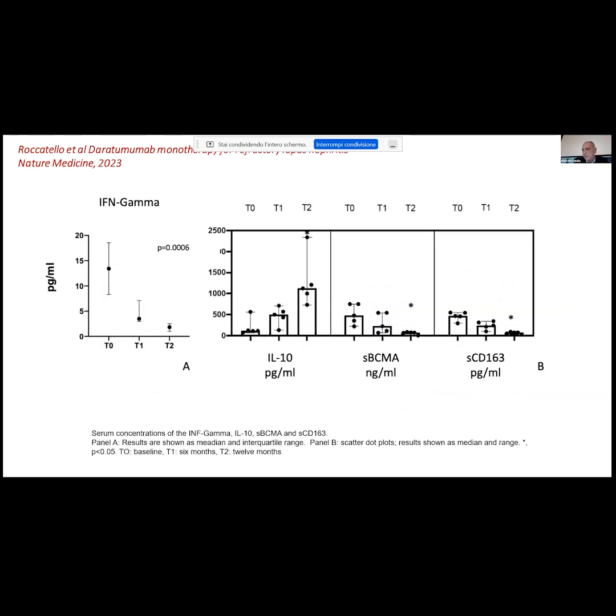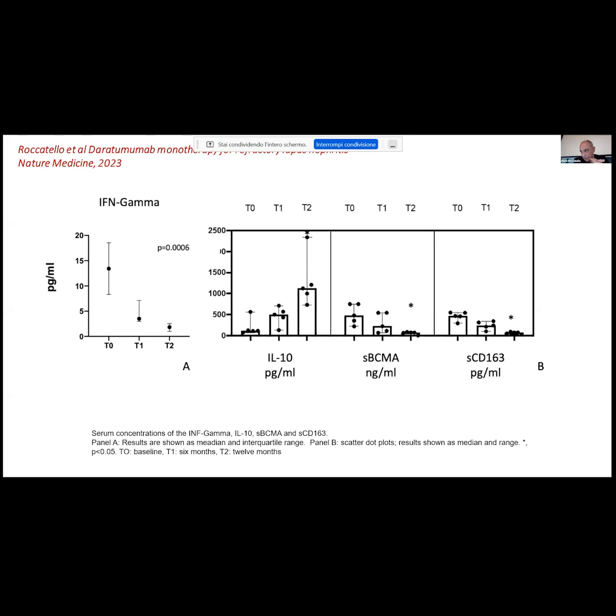Of interest, our data also suggest that daratumumab could interrupt the ongoing production of interferon that sustains the autoimmune process in systemic lupus erythematosus, increases the level of IL-10, and dramatically drops the level of serum B-cell maturation antigen that is strongly related to disease activity.